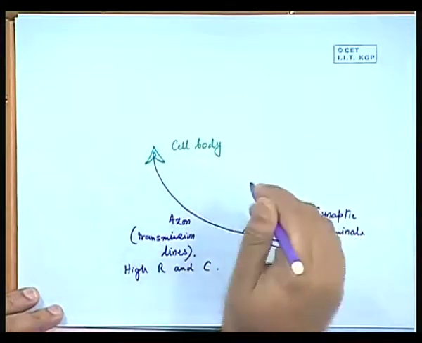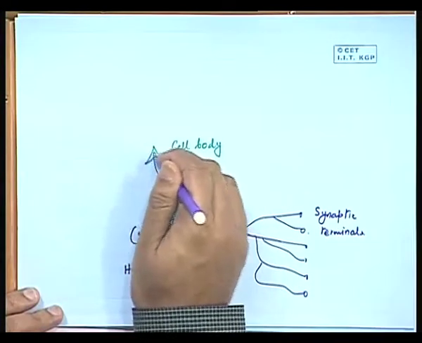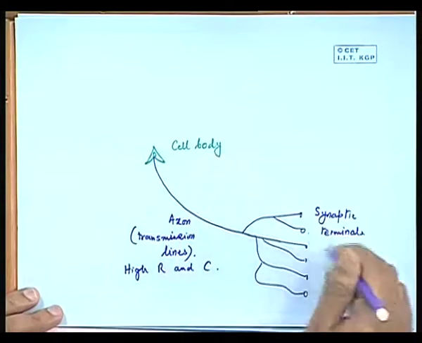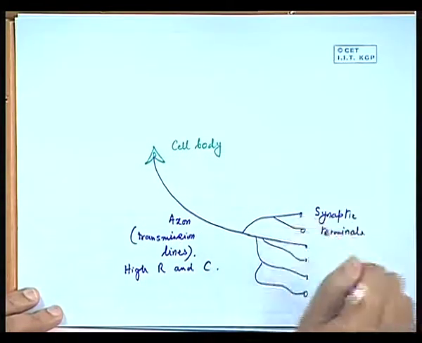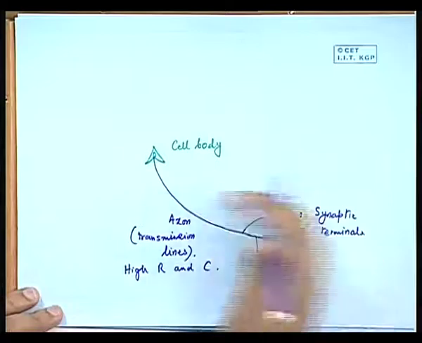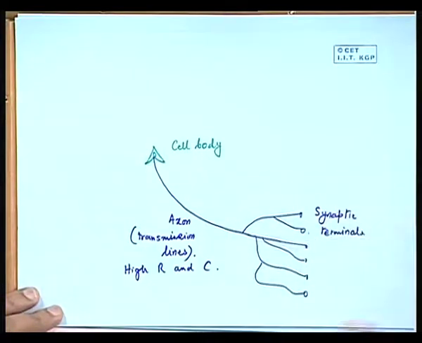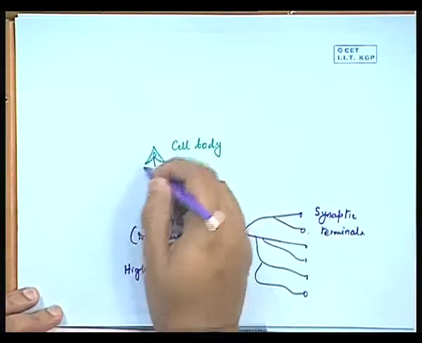I should have shown the input part first, but let us draw that. Now, these are the response zone, that is to say with the synaptic connections, and that will lead to the other neurons.